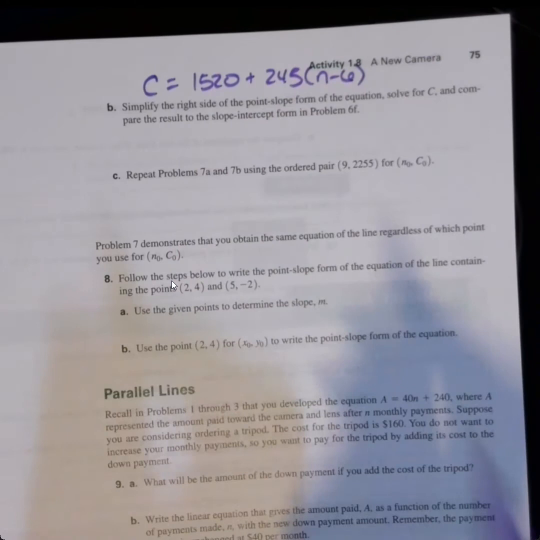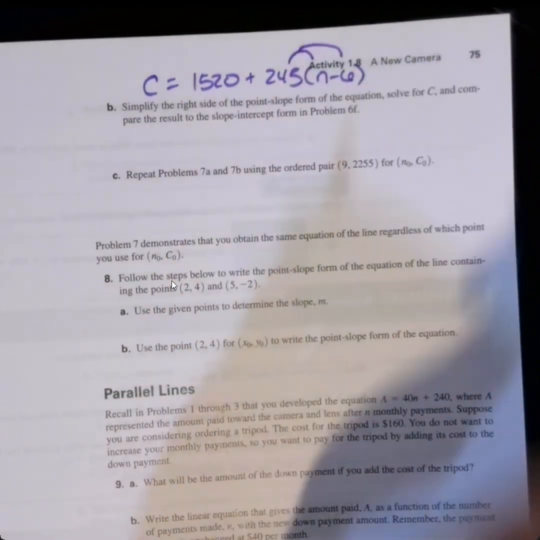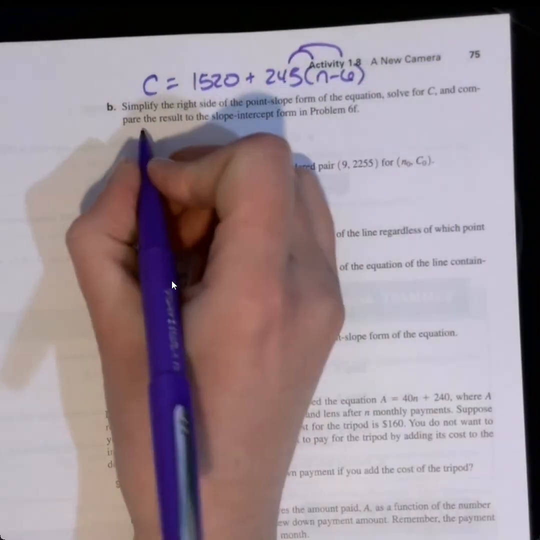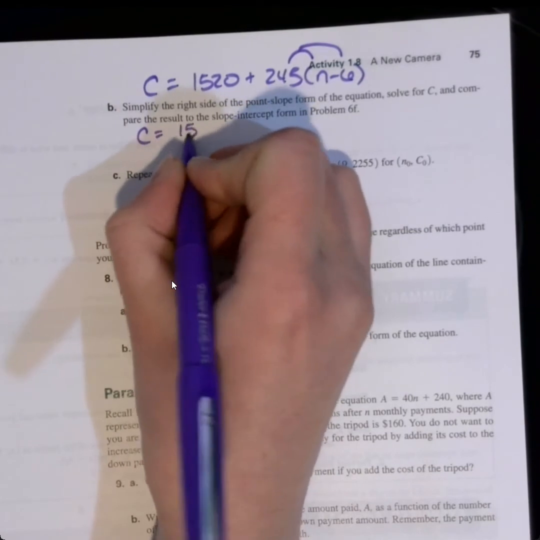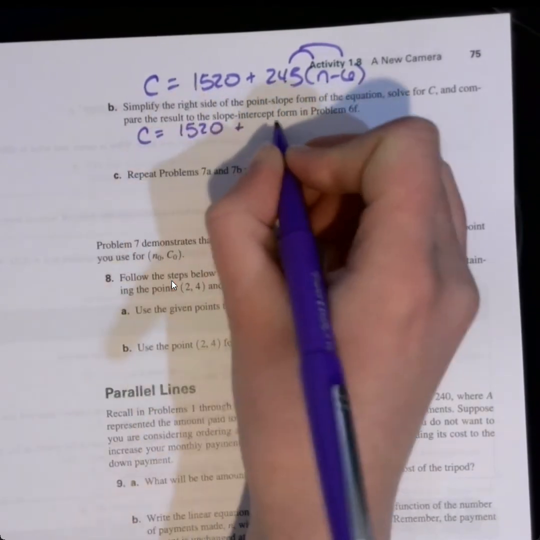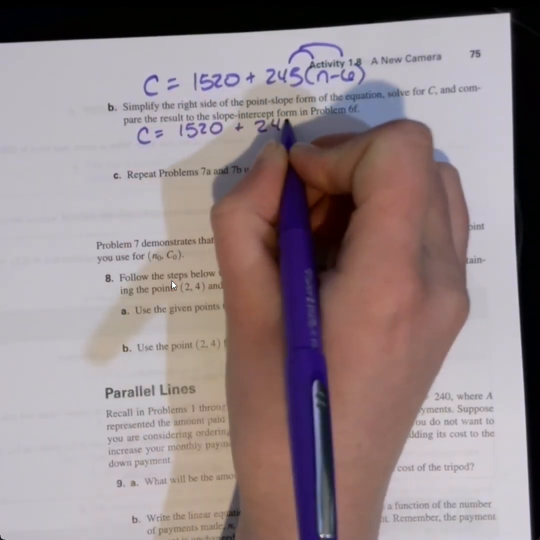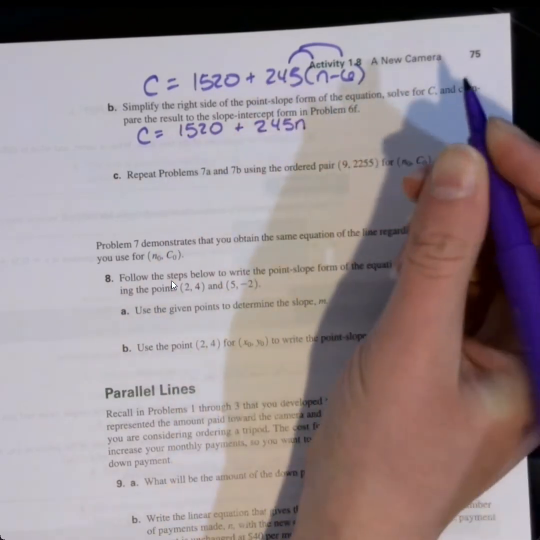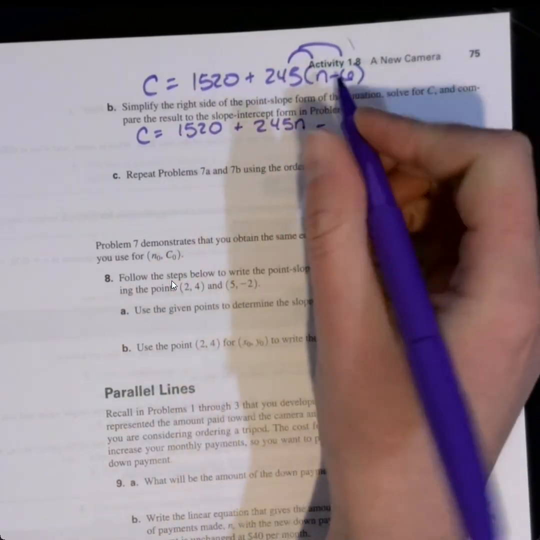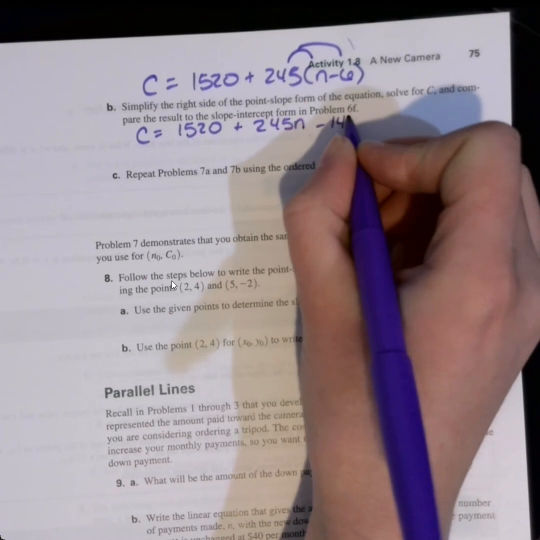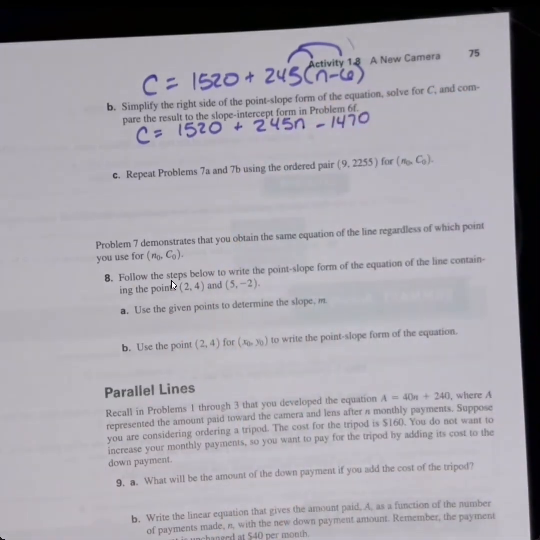So I want to simplify this. So the first thing I need to do is distribute the 245. So c equals 1520 plus 245 times n minus 245 times 6, which is 1,470. Now we're going to combine like terms.